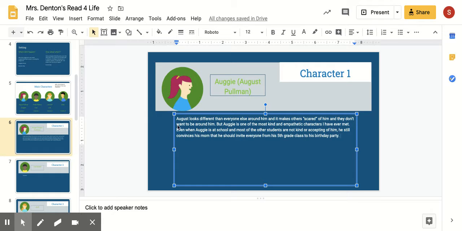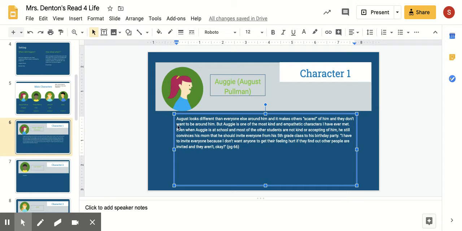And it says, "I have to invite everyone because I don't want anyone to get their feelings hurt if they find out other people are invited and they aren't." Okay? And that was on page 66.